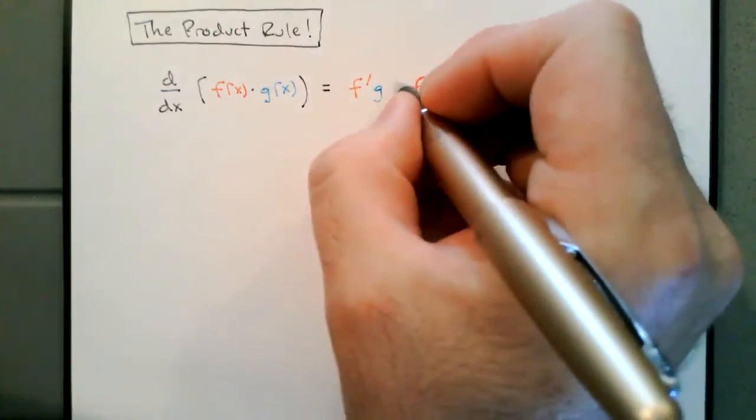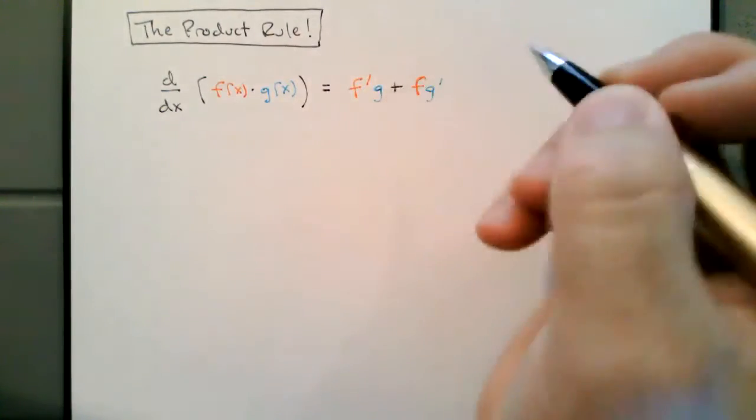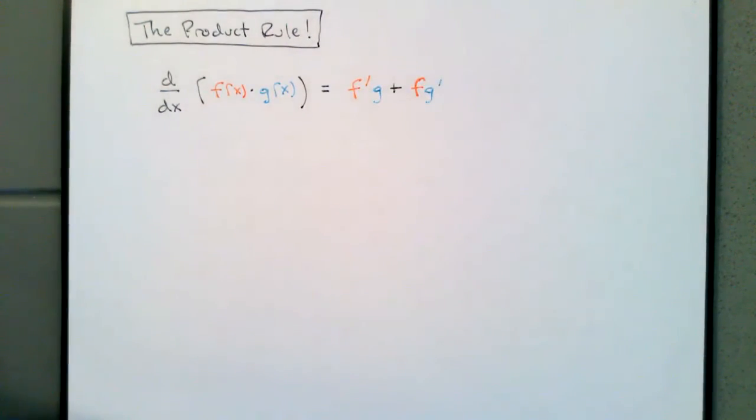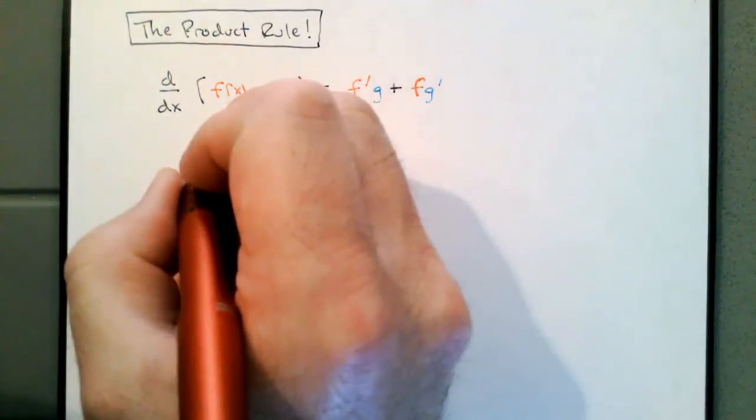So the f and g version of it is to say f prime g plus f g prime. The derivative of a product is the derivative of the first times the second plus the first times the derivative of the second. So that's what it would look like in words, which kind of sounds awful.